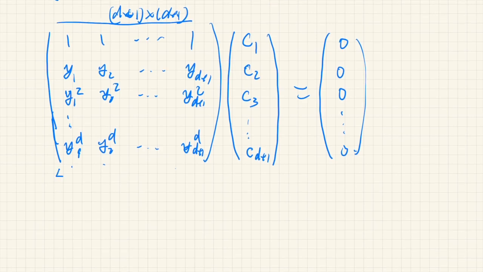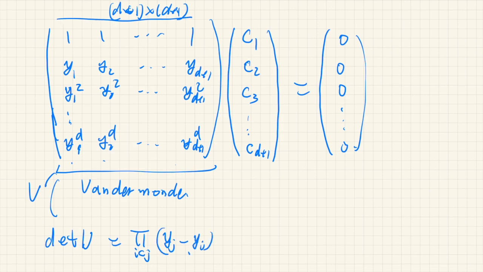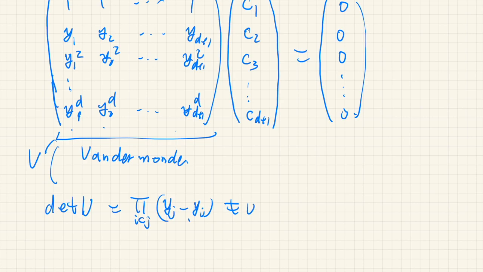Also notice that this is a Vandermonde matrix again. So its determinant here, let's call it V, or maybe we should call it the transpose of the Vandermonde matrix or whatever, is this product over i less than j of (yj minus yi), which is non-zero.